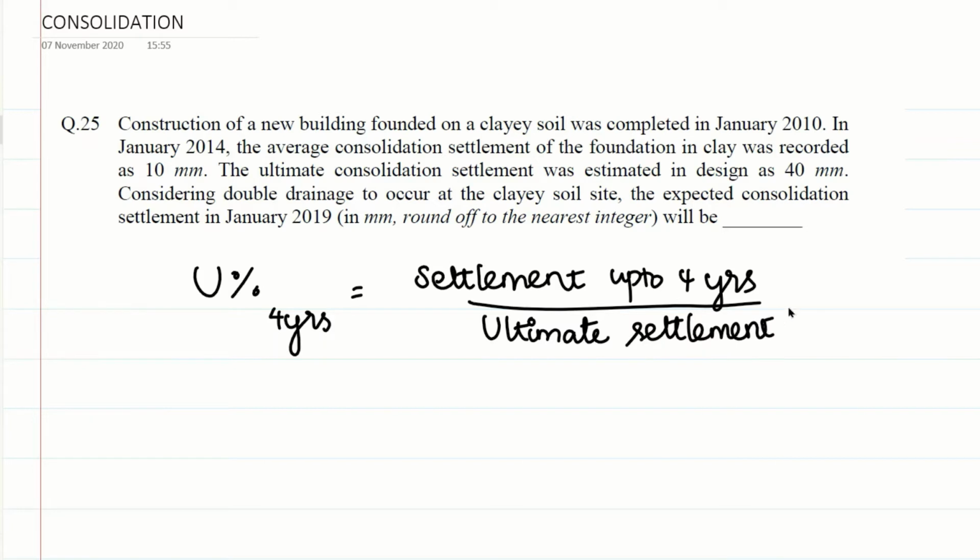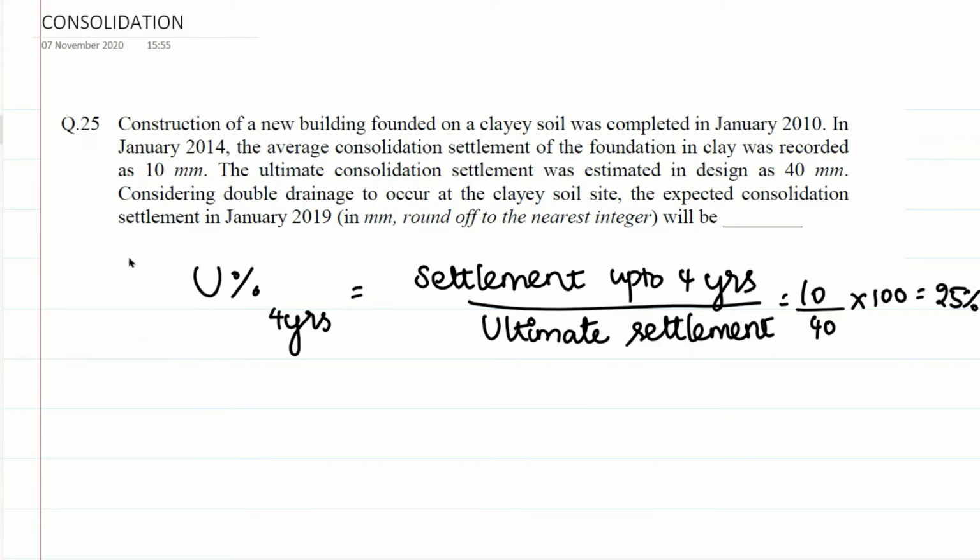Right? So 10 by 40 into 100, if you need it in percentage, so you will get 25 percent of consolidation is over by 2014.